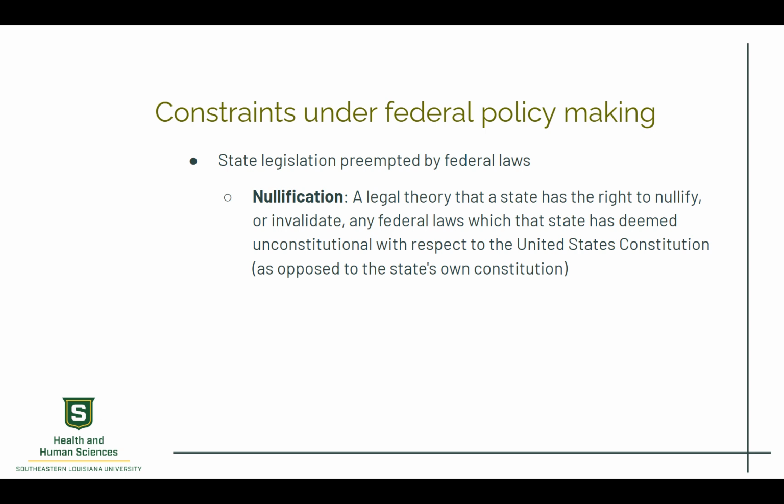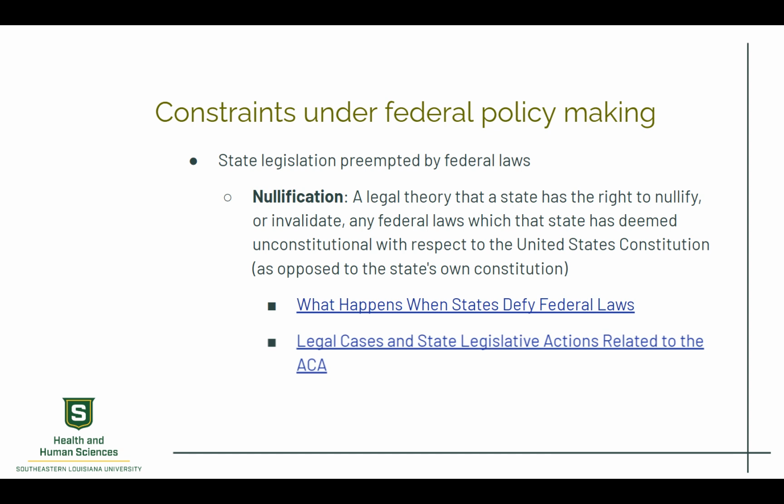That is where nullification comes in, whereby states have the right to decide they are not going to adopt a federal law because it's deemed to be unconstitutional. So that's when nullification happens. There are two sources you can click to learn more.